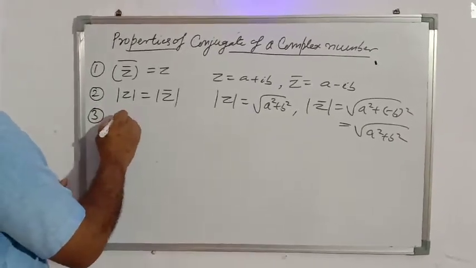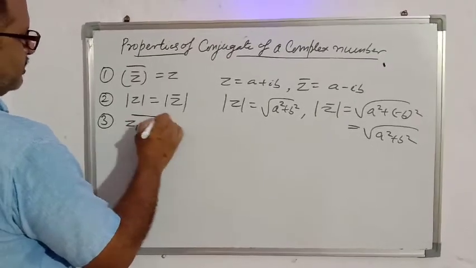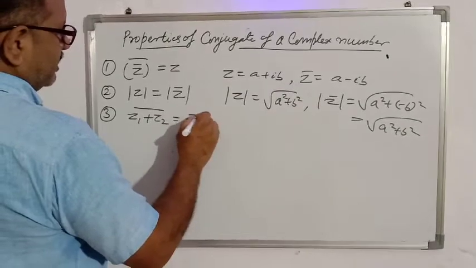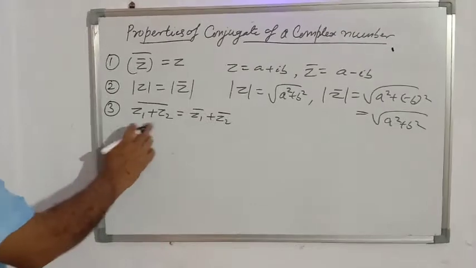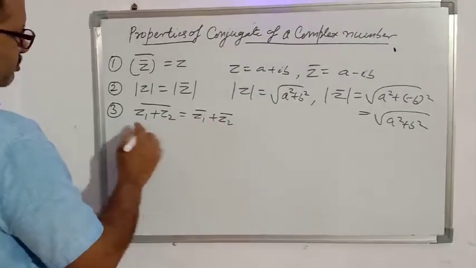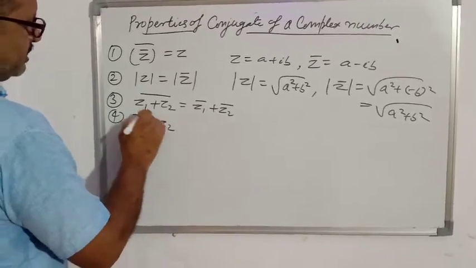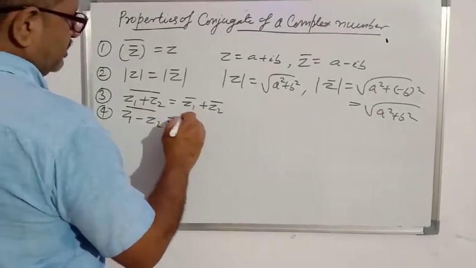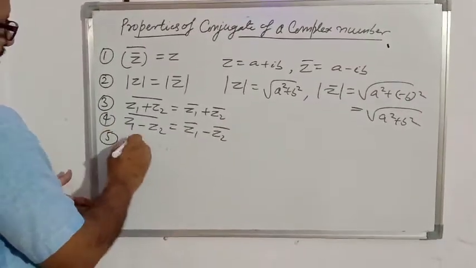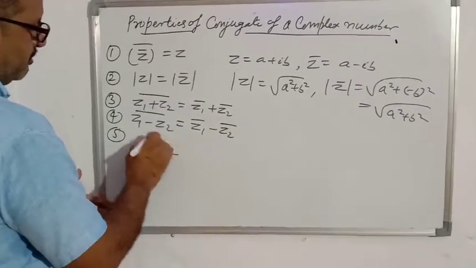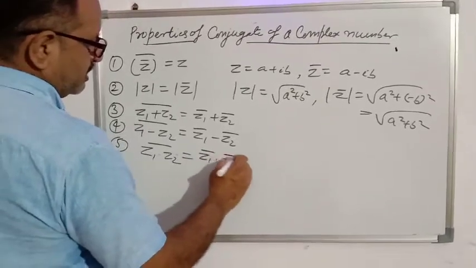Third, bar of z1 plus z2, we can write z1 bar plus z2 bar. Next, bar of z1 minus z2 will be equal to z1 bar minus z2 bar. Bar of z1 into z2, we can write z1 bar into z2 bar.